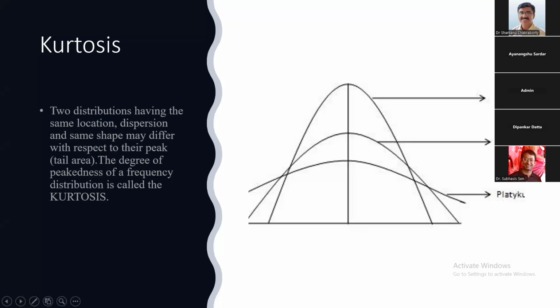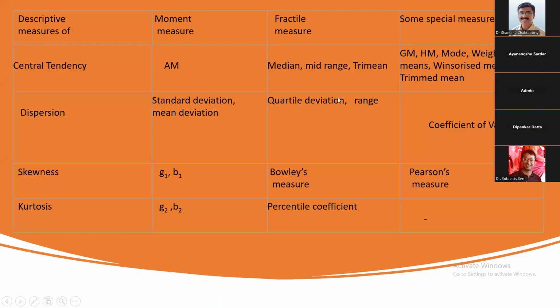There are three types of kurtosis: mesokurtic, which is the normal distribution, platykurtic, and leptokurtic. On the basis of leptokurtic and platykurtic, we measure the outliers of the data set. So this is basically the measure of central tendency, dispersion, skewness, and kurtosis. There are different types of measures, and these are non-parametric measures. And there are also some spatial measures and geometric measures.